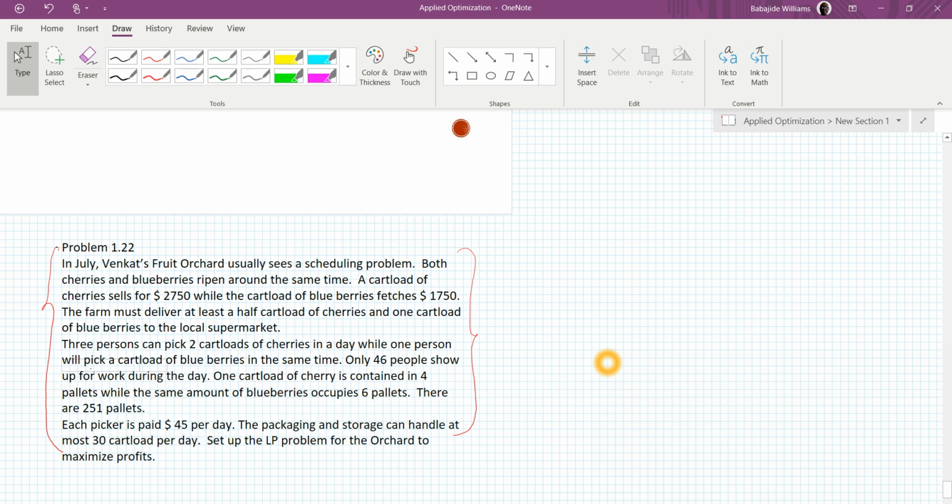Now, the challenge with most of these optimization problems is to craft a mathematical model that best captures everything that is being said in the question. Let me say that again. Where the challenge is, most of the time, is not in the graph. It's also not in the MATLAB code.